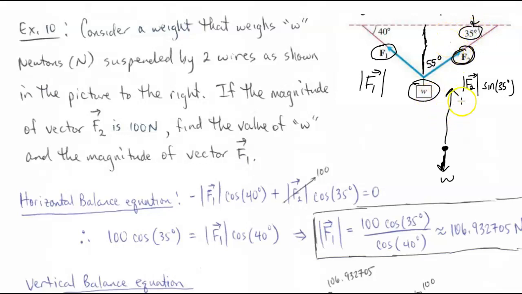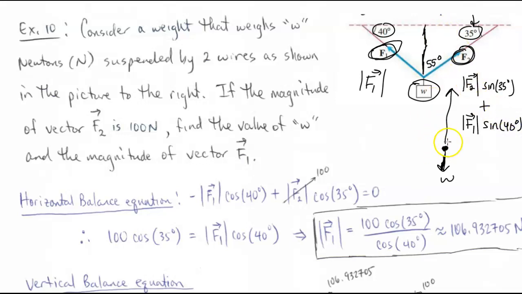So I have that plus the force that would be contributed by the force F1. Here, across from 40, I could do the magnitude of F1 sine of 40 degrees.